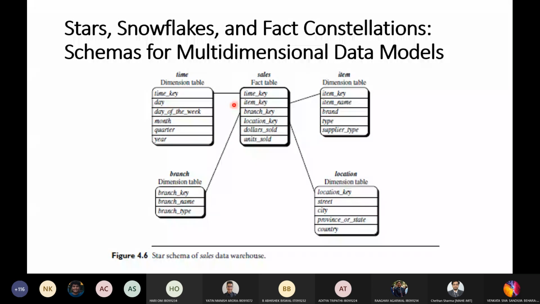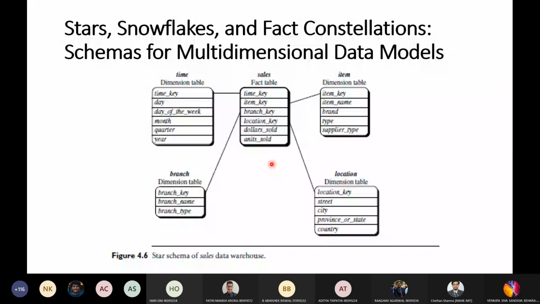This schema consists of a central table, called the fact table, which contains keys to each of the dimensional tables. If you can see, for the time dimensional table there is a time key, an item key for the item dimensional table, and similarly for the others. And there are two facts, that is two numerical measures, your dollars and units.